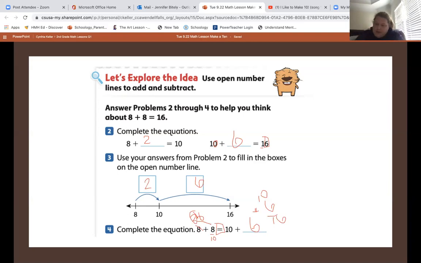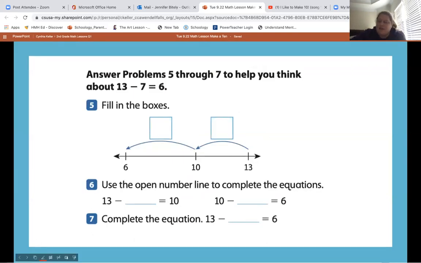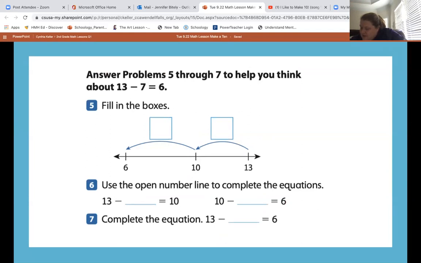So you're now going to do problems 5 through 7 on your own. Okay. You're probably like, where's 5 through 7? Here you go. 5, 6, 7. You're going to do them on your own, okay? So I will leave this for your teachers. Teachers, I would suggest you pause this so that they can work on this. It says answer problems 5 through 7 to help you think about 13 minus 7 equals 6.